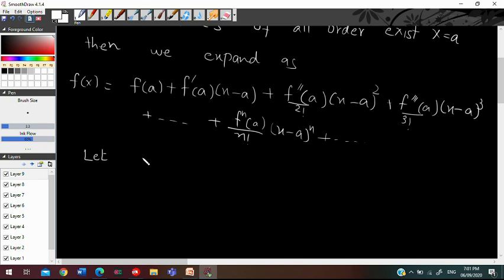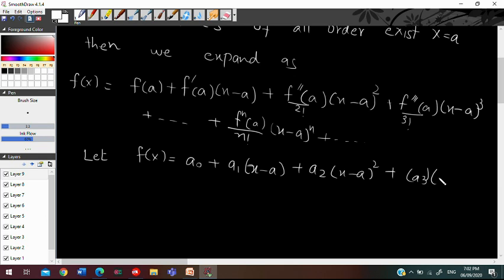Now let us suppose that f of x is equal to a naught plus a1 into (x minus a) plus a2 into (x minus a) squared plus a3 into (x minus a) cubed plus up to an into (x minus a) power n plus up to so on.